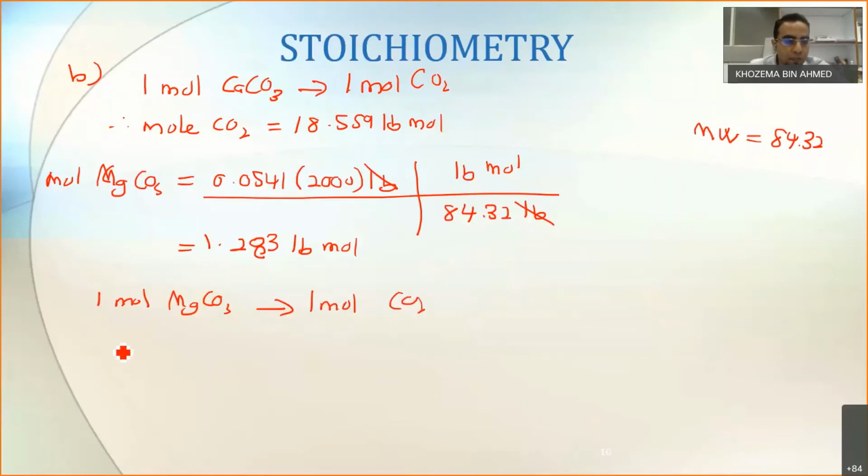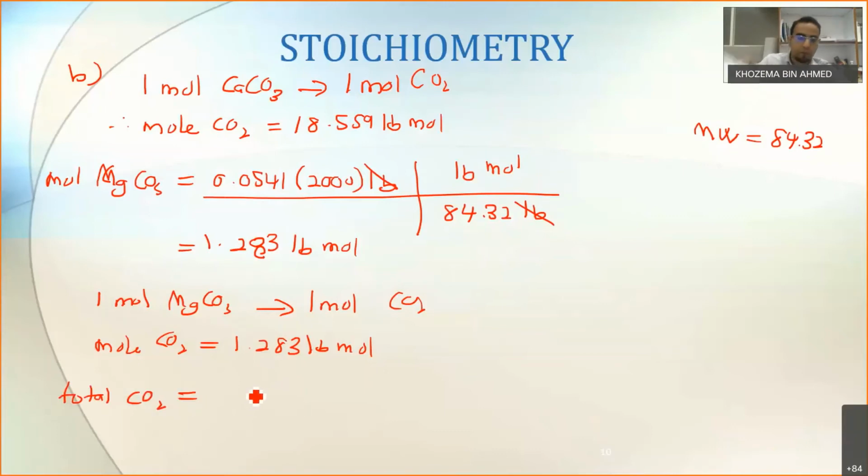So the mole of CO2 is equal to 1.283 pound mole. To find the total mole of CO2, we add 18.559 plus 1.283, so I get my total CO2 equal to 19.842.